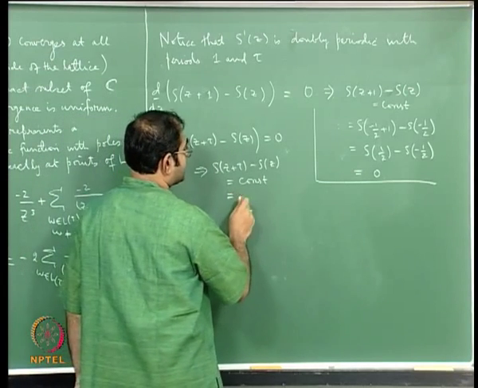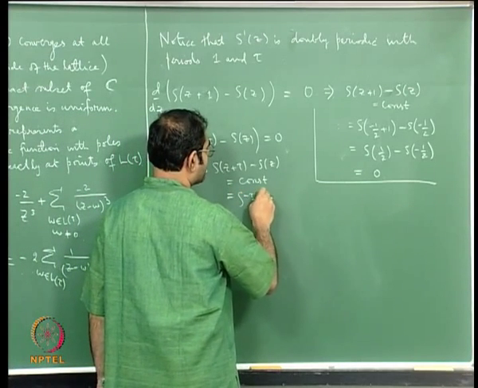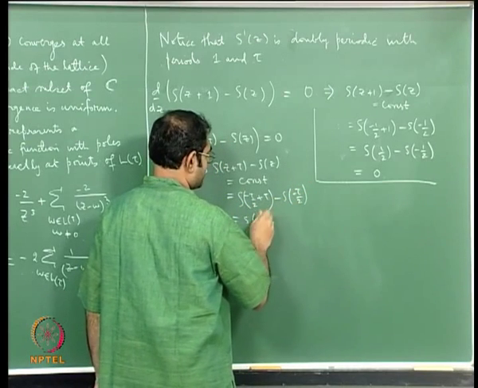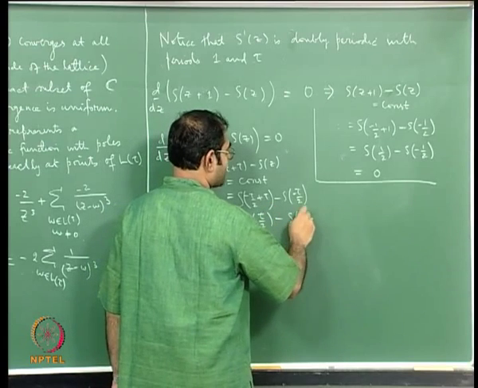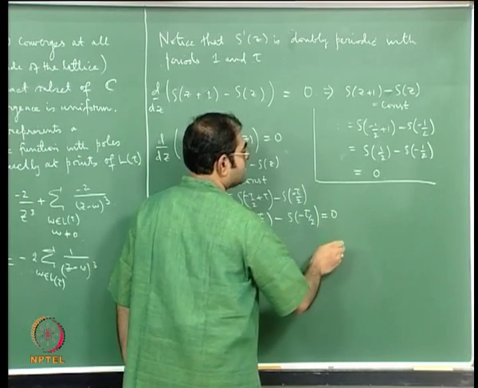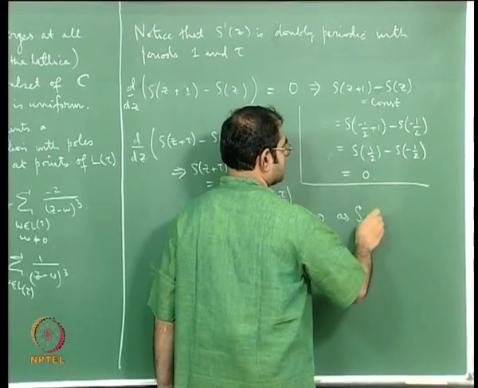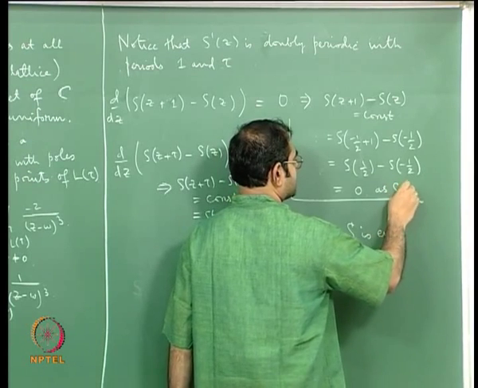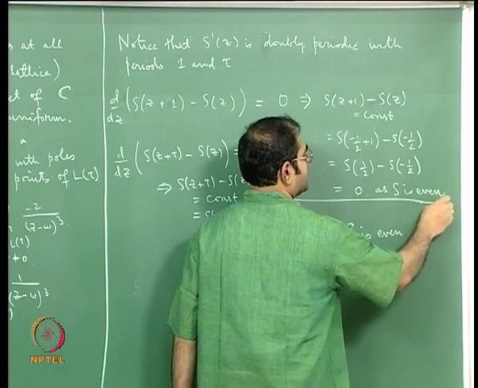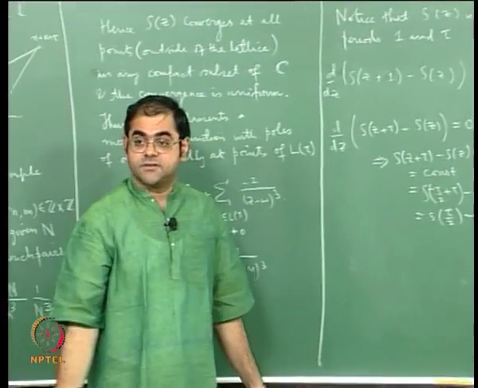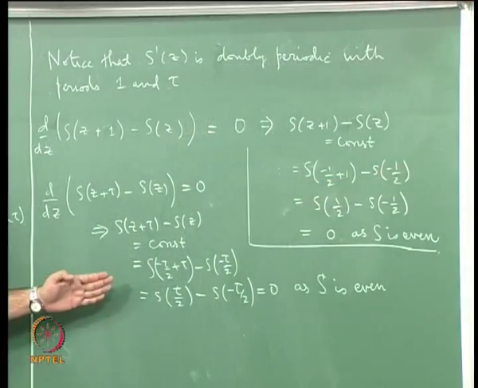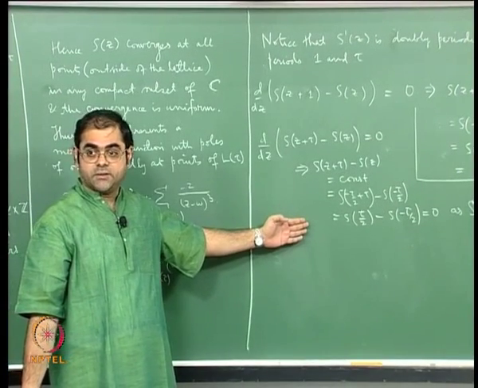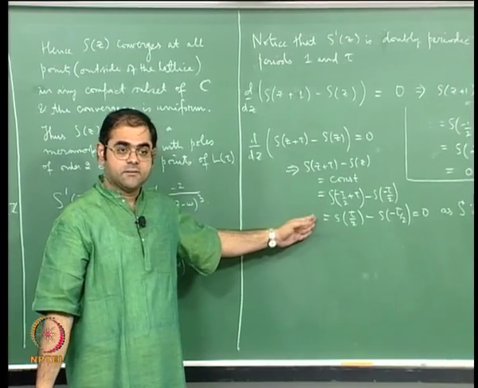So that constant has to be S of minus tau by 2 plus tau minus S of minus tau by 2, and this is S of tau by 2 minus S of minus tau by 2 and that is again 0 as S is even. So let me write it here also, S is even because of its definition. Mind you, we have not yet proved that S is doubly periodic. So you have to be careful here.